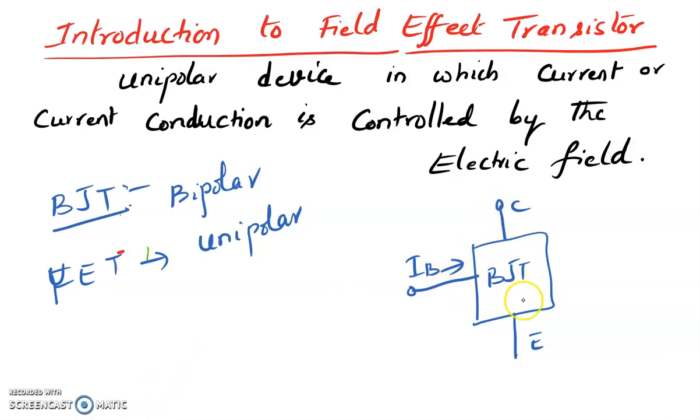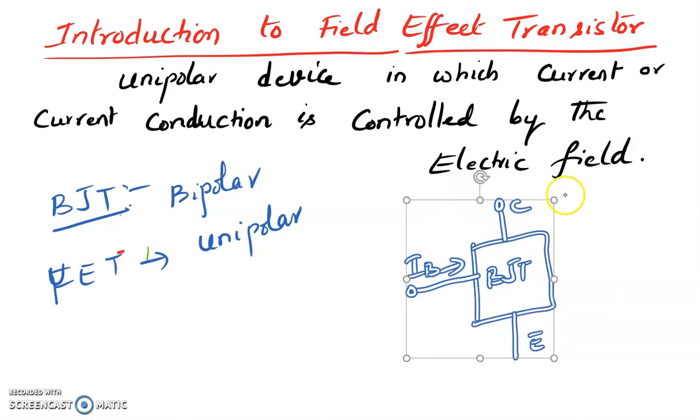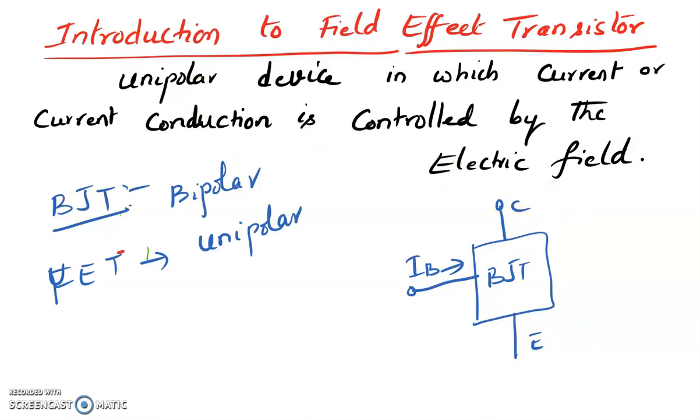This is the base current, this is the emitter current IE, and this is IC, the collector current, where this collector current is a function of base current IB.